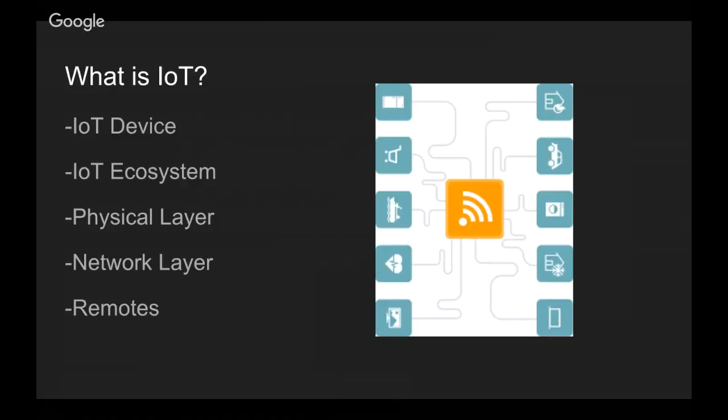The Internet of Things ecosystem, on the other hand, consists of all the components that allow users to connect their IoT devices. A physical layer is the actual hardware of an IoT device. This includes sensors and networking gear. The network layer is the platform responsible for transmitting the data received by the physical layer. Finally, remotes are the devices that allow the control of the IoT device using a dashboard.